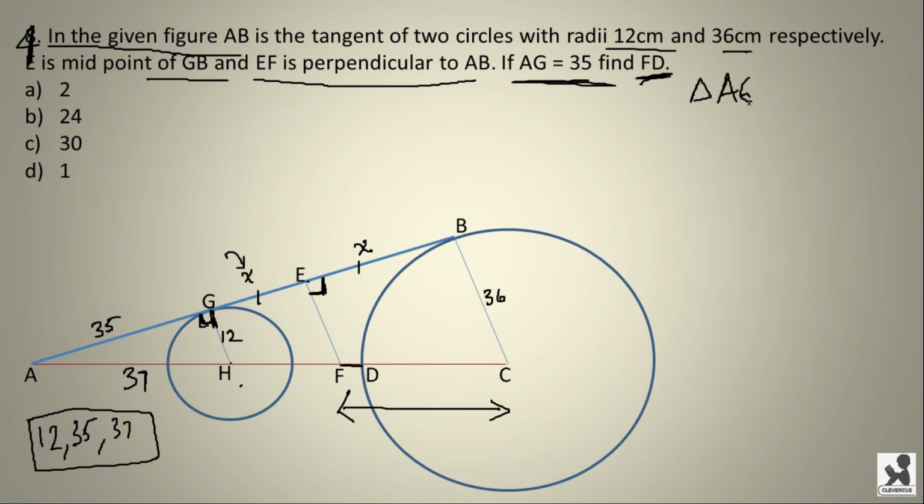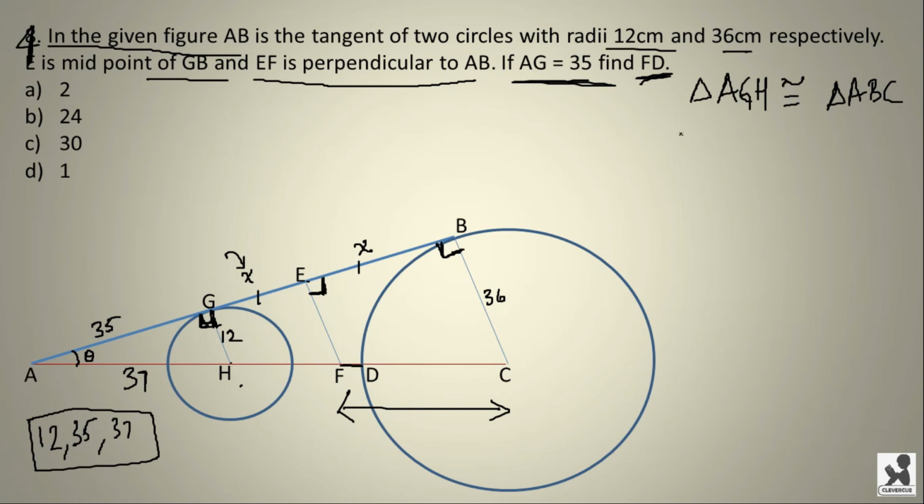Both are similar. Why? This angle is theta and it is common in both triangle AGH and triangle ABC. Now we have two angles equal, so the third angle will be automatically equal. So both are similar triangles.